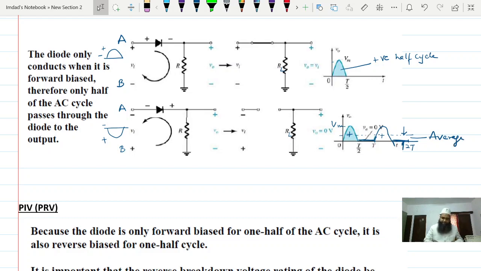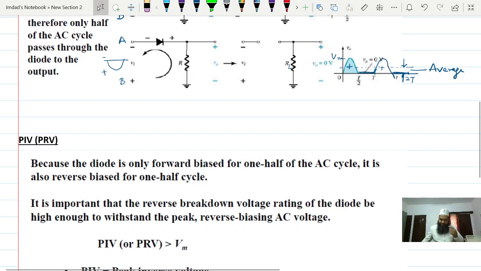Now we can also see that when the diode is forward biased for the positive cycle, at the same time for the negative half cycle the diode will be reverse biased. It is important that the reverse breakdown voltage rating of the diode be high enough to withstand the peak reverse biasing AC voltage.